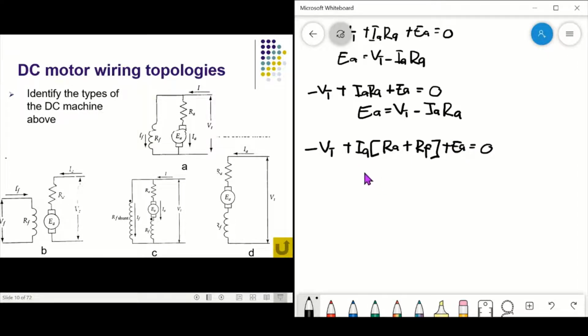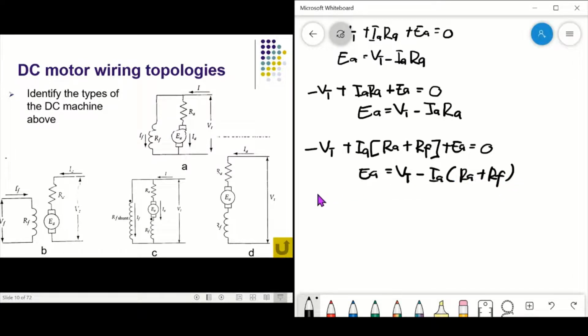So we have EA equal to VT minus IA (RA plus RF).